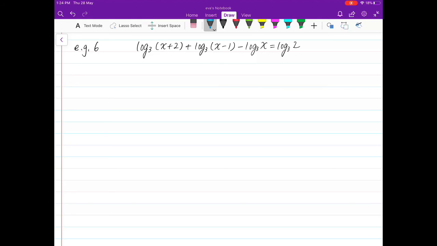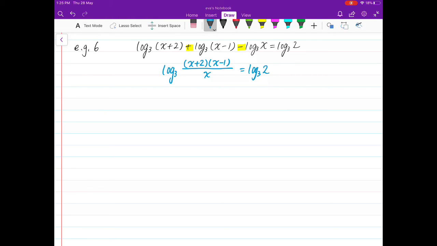Okay, the last example is a difficult question. So let's look at it together because we have a plus and then a minus, so we have to do multiplication and then division. Okay, so log base 3 of x plus 2 times x minus 1 over x equal to log base 3 of 2.